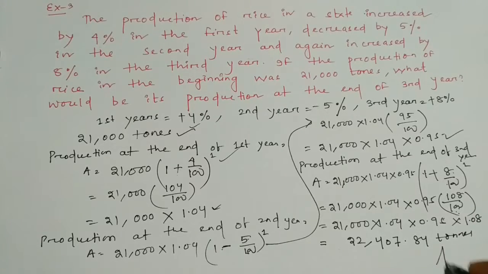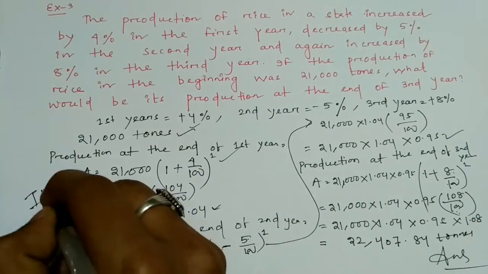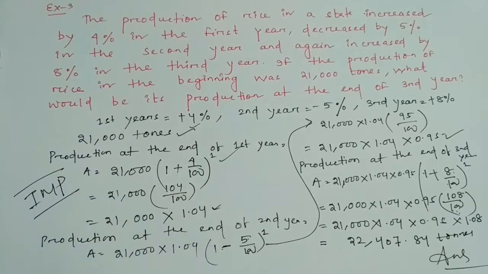This will be our final answer. I think this is the most important question. You have to read it, but let it be. Let us also solve it by some tricks and see how easy it is and whether the answer comes.